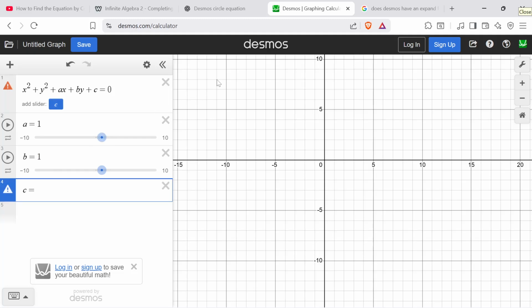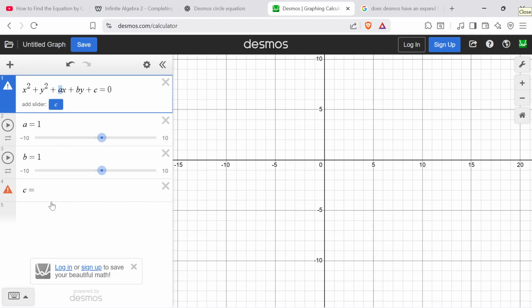C equals. How do I complete the square? I take whatever's in front of x, which is the a, divide by 2 and square it.